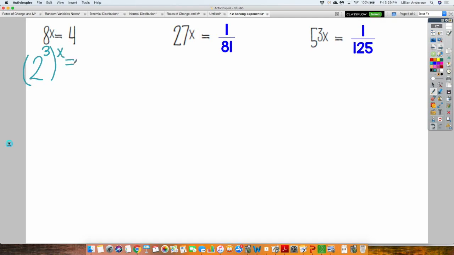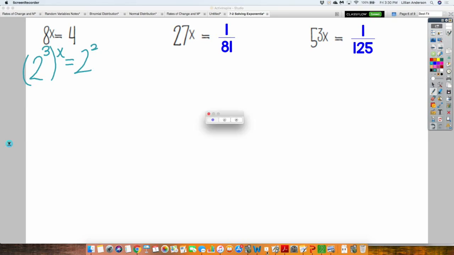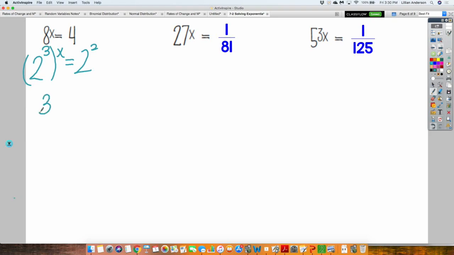And then 4 can be rewritten how? 2 to the 2nd. That's step 1. Rewrite it so that you have the same bases. Step 2, you have to do what? Equal to each other. So at this point, you drop your bases and then you just set your exponents equal to each other, and then you solve.